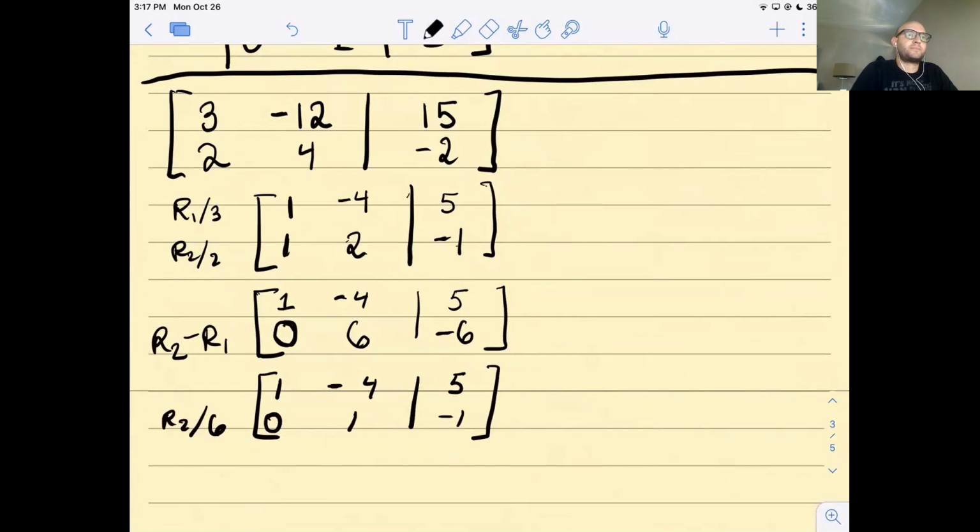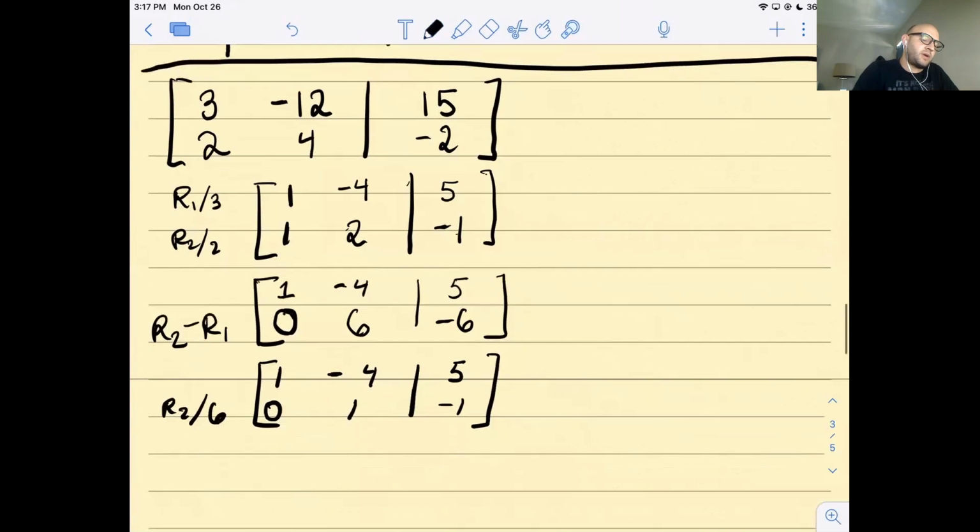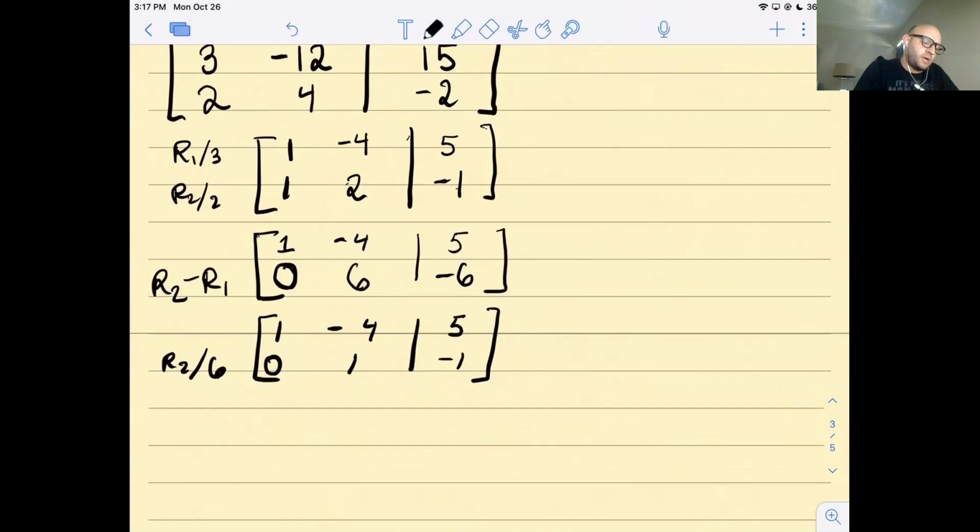Because I divide everything, I do R2 divided by 6. Last step: I'm going to use the second row because I have a new pivot, which is this one right here in the second row. I'm going to use that one to eliminate anything above it. So instead of R1, let's write R1 plus.